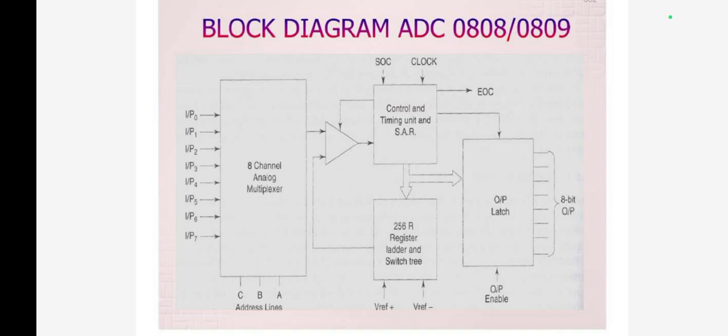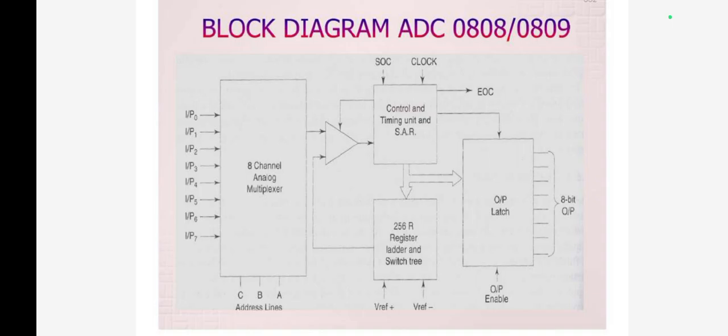The internal circuits perform zero scale adjustment and full scale adjustments. 8 channels can be used, but only one can be selected at a time using the address lines called add A, add B or add C. It uses the 8-bit successive approximation technique and it eliminates the need for external zero and full scale adjustment.